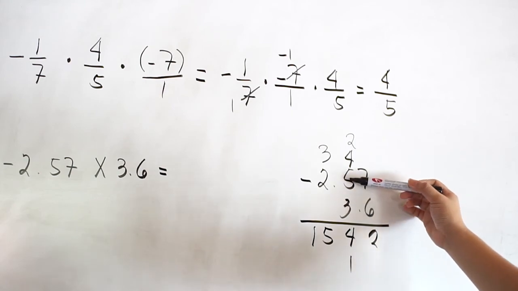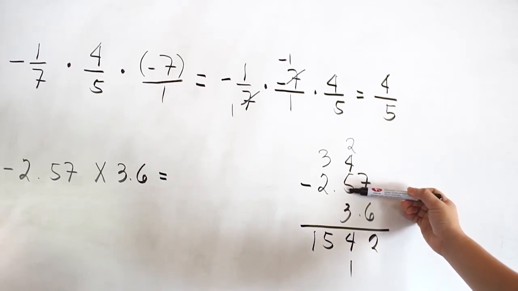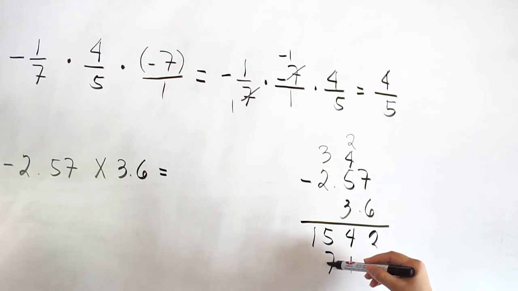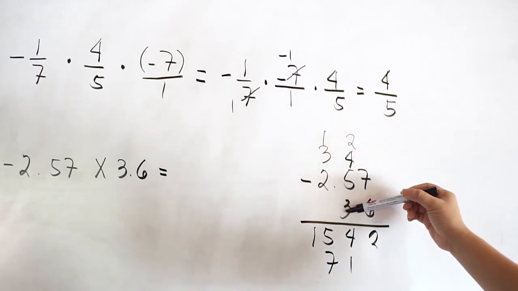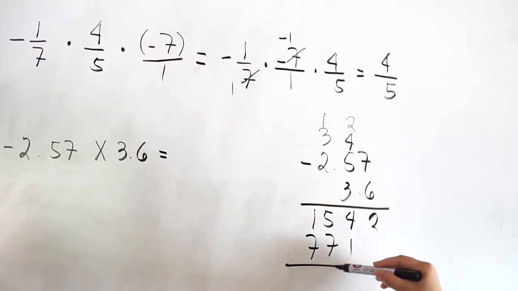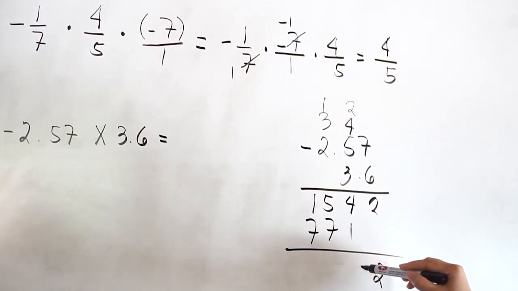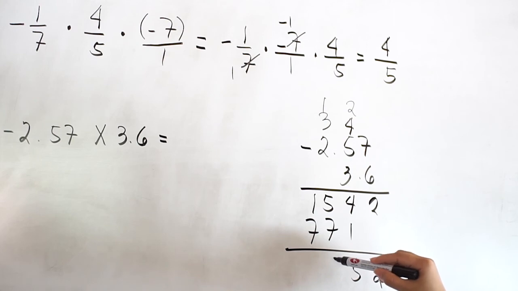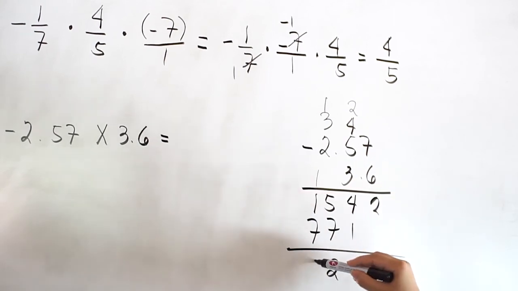So 3 times 5 is 15 plus 2, 17. And then 3 times 2 is 6 plus 1, 7. 2, 5, 12, 9.